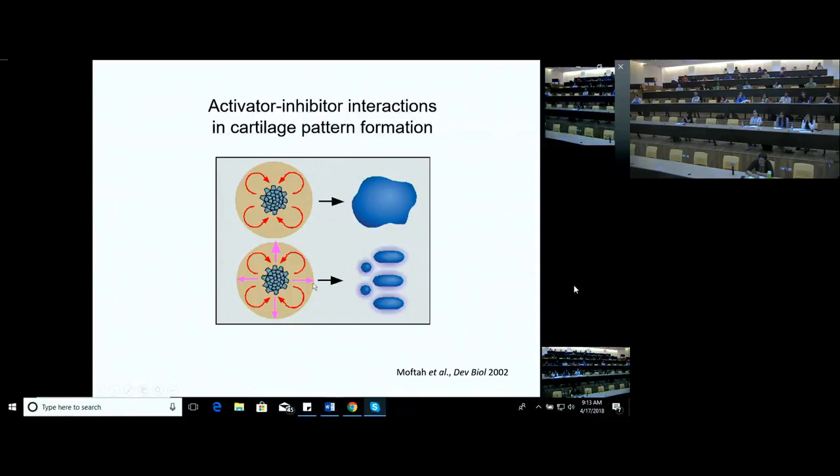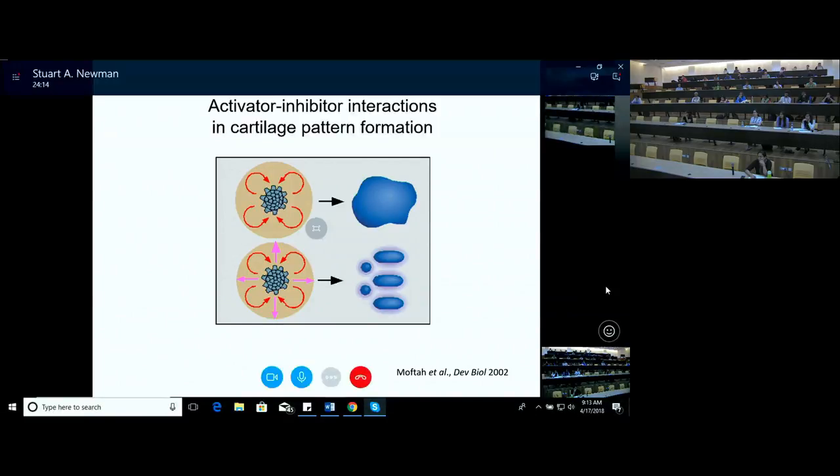So when you have these two components, this was the insight of Turing, you wind up with an inherently pattern-forming mechanism. They have to be balanced in an appropriate way for you to get the pattern, but once they're in balance, you get this kind of pattern.